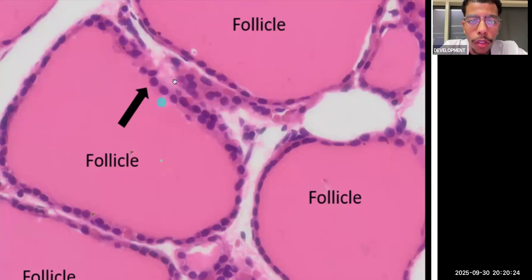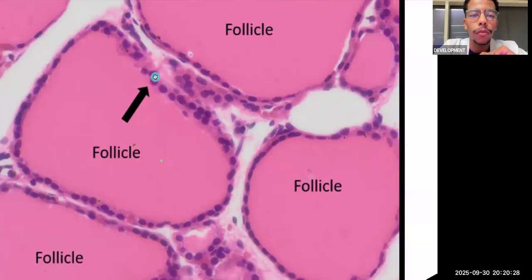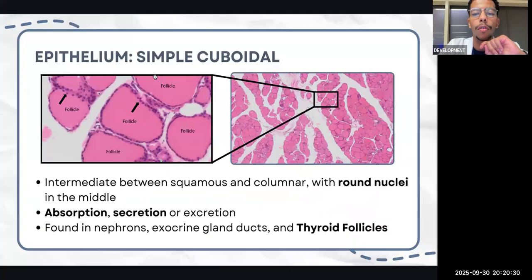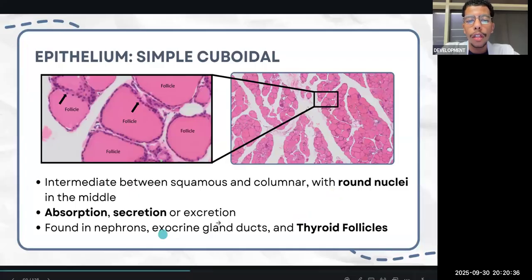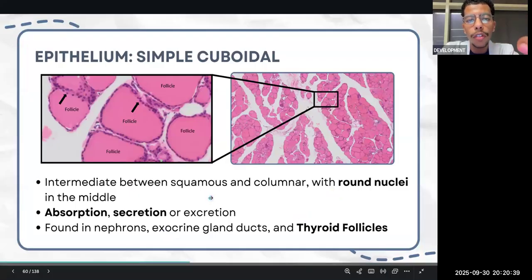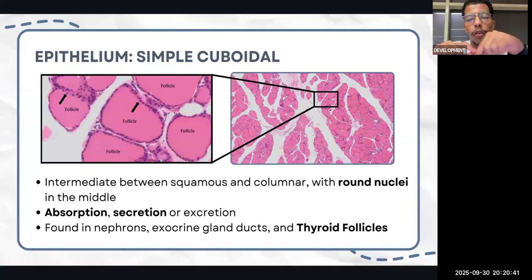Here, the nucleus is round and quite large, and the cells are cube-shaped. These are used whenever we need absorption, secretion, or excretion. Cuboidal cells are also an intermediate between squamous cells and columnar cells. We'll see columnar cells later, but columnar cells are quite tall. So cuboidal is just between the columnar and the flattened squamous ones.